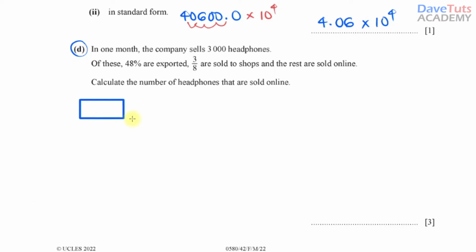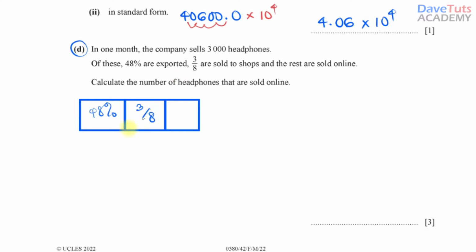So we are looking at the total number of headphones. First, we are told 48%, so 48% should be somewhere here. They are exported. Then 3/8: we have the whole as 8 divisions, so maybe something like this. This is 3/8 sold to shops.